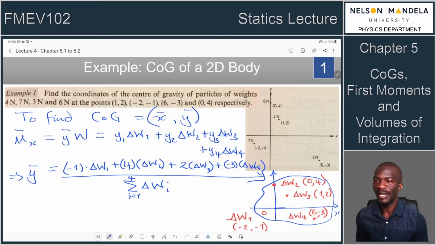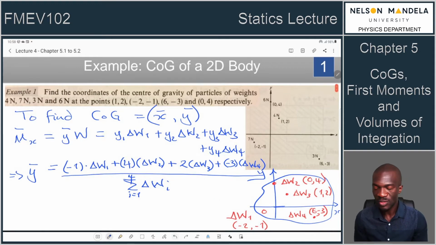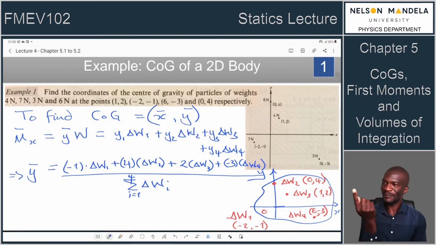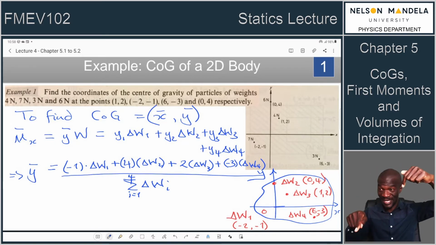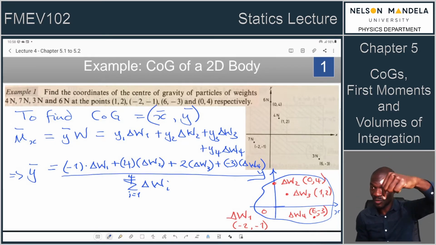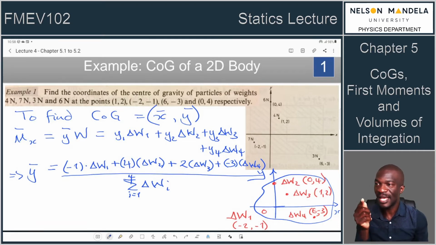So remember, look at your moments. These are moments about the y-axis. This weight, weight 1, is obviously non-zero. So about the y-axis, it would generate a moment that rotates in such a way that, if we look at it from the y-axis, remember these weights are into the page, it actually generates a positive moment, because it is anti-clockwise, right?